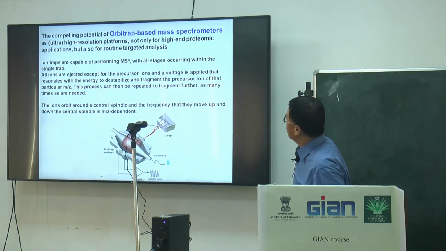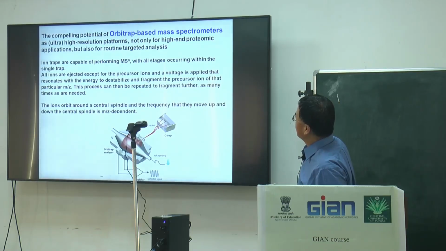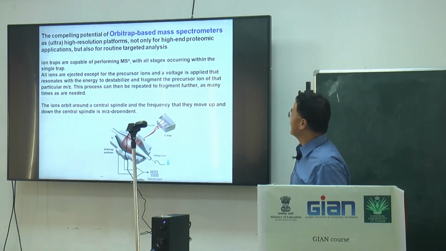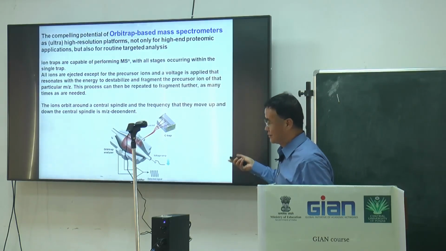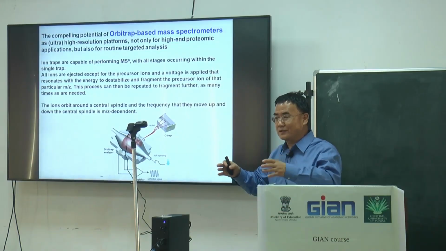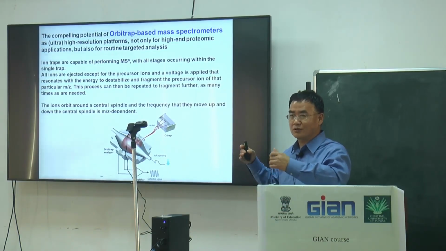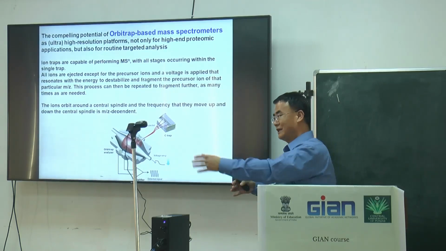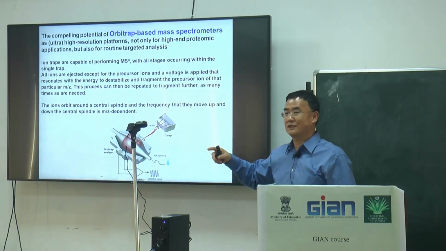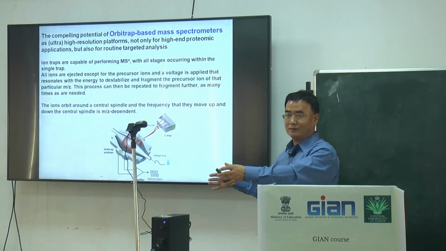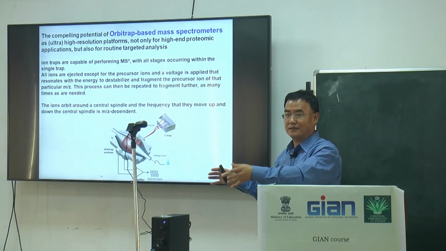The Orbitrap mass spectrometer is also a high resolution platform, or even called ultra high resolution. We call it ultra high because this machine uses a different way to acquire data. From the total ion chromatogram, TIC, you see very dirty, so many different peaks, no separation, not like normally if you run HPLC, you will often see, oh, this total ion chromatogram is too dirty, too many, no separation.